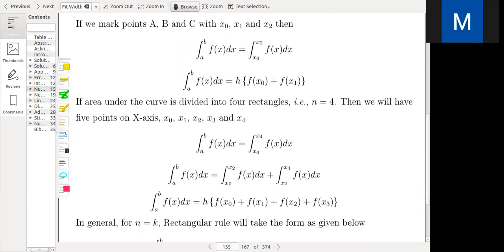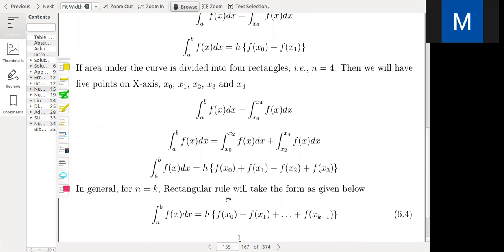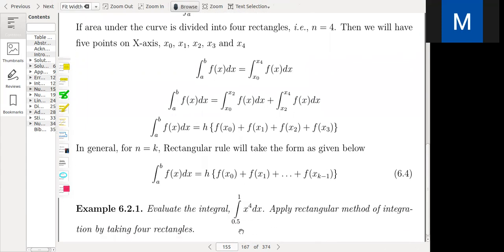And simply we can write h times f of x0 plus f of x1, so this is for two rectangles. And for the next two rectangles, we can include f of x2 plus f of x3. So in general, for n equal to k, the rectangular rule will take the form as given below, that is f of x0 plus f of x1 plus and so on up to f of x k minus 1.